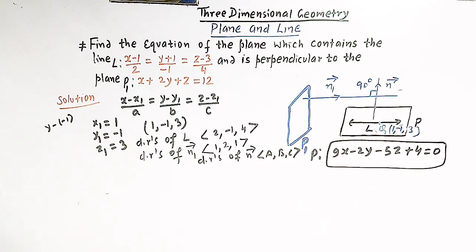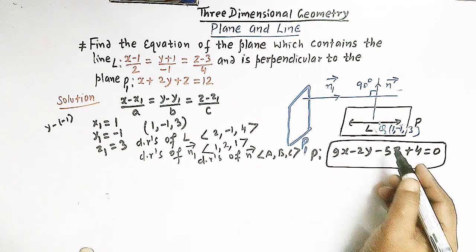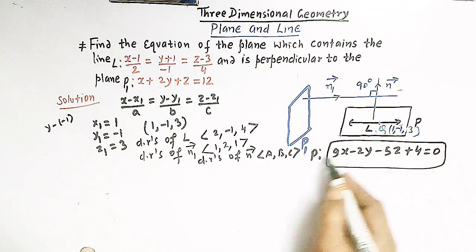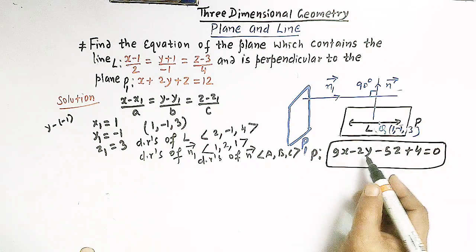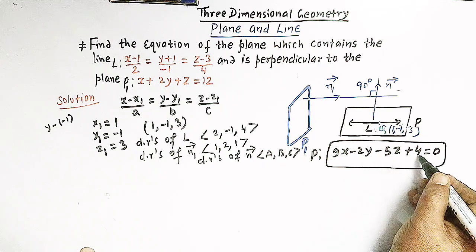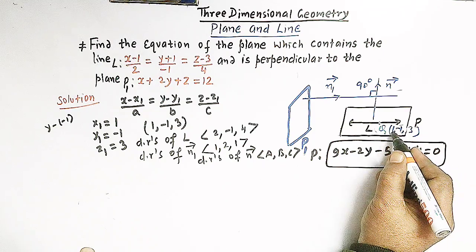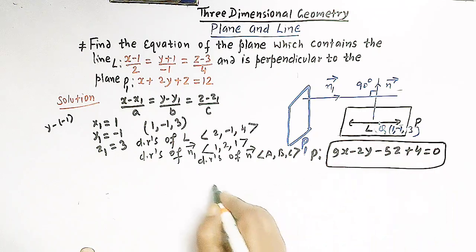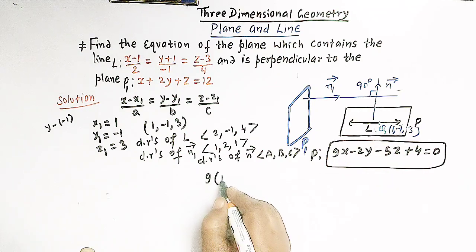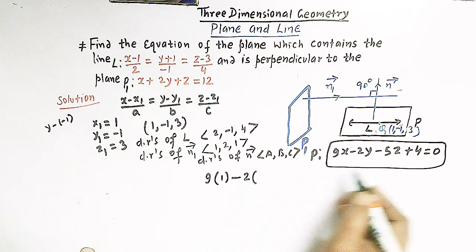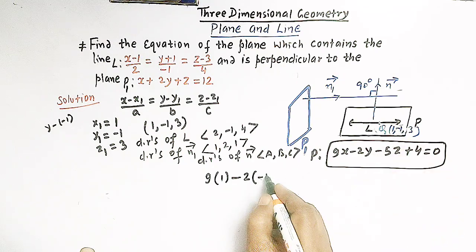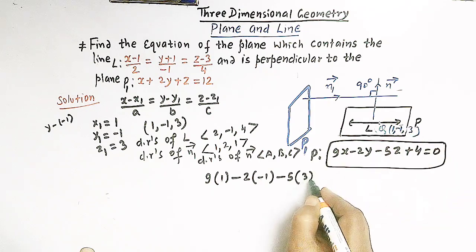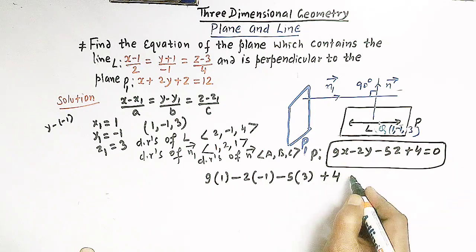So now here it is easy to verify that this point Q is contained by this plane P, whose equation is 9x minus 2y minus 5z plus 4 is equal to 0. So let us substitute this point in this equation, right? So we have 9 times 1, then we have minus 2 times minus 1, and then we have minus 5 times 3, and here we have plus 4, right?